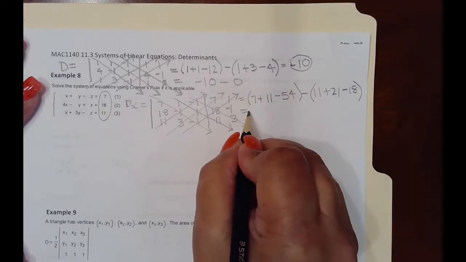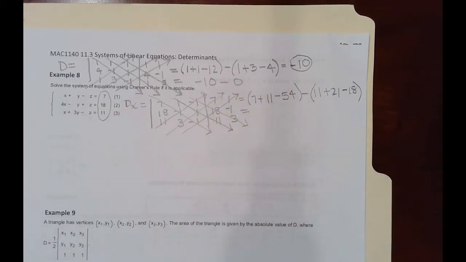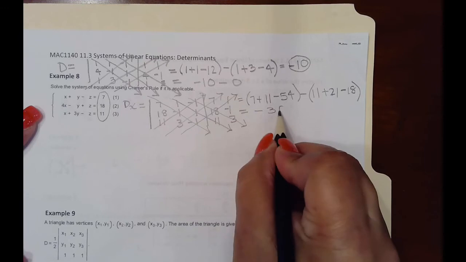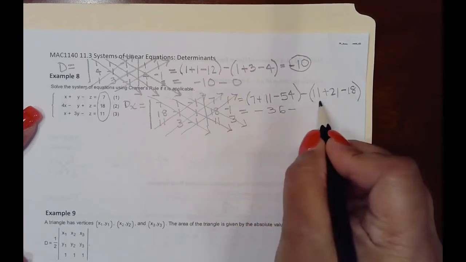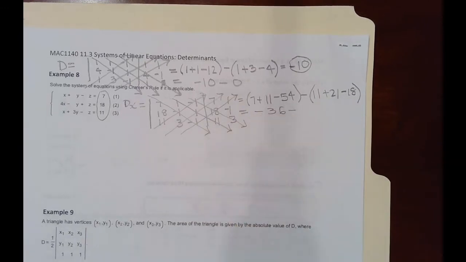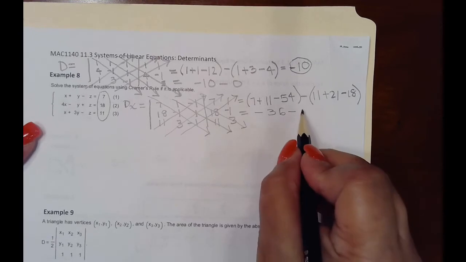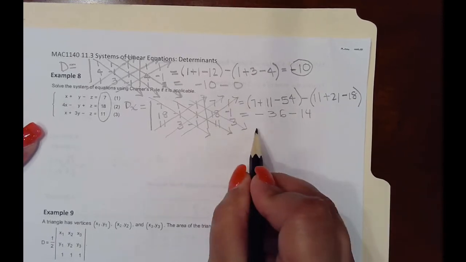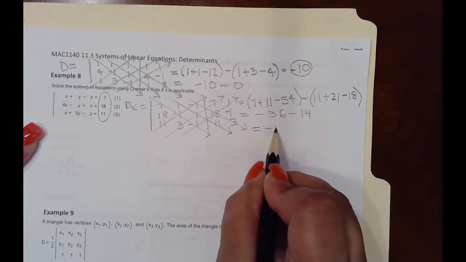Okay, so putting all these numbers together, we have 7 plus 11 is 18, take away 54, and that is negative 36 in this first parenthesis, minus, and then when we put all these together, 11 plus 21, take away 18 is 14. That came from this value, and then these two combined is negative 50.